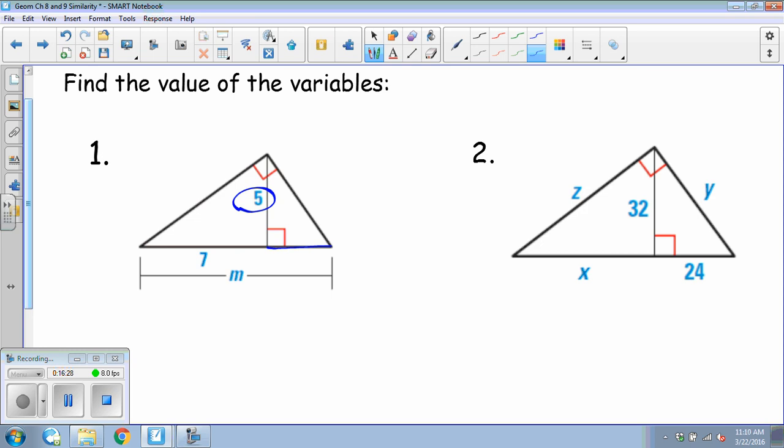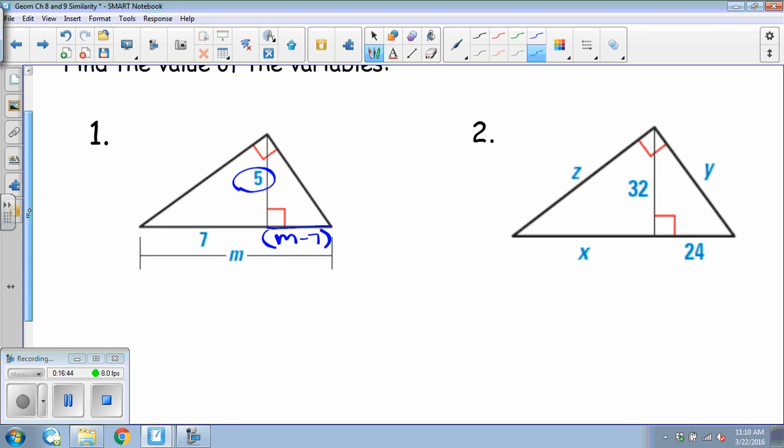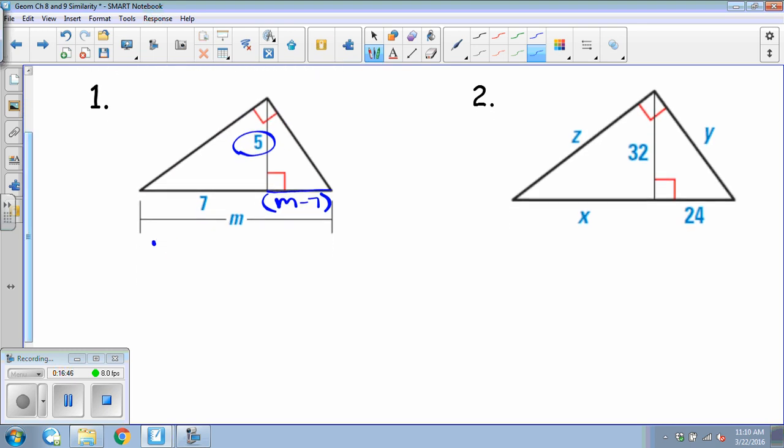Okay? The altitude pattern would be 7/5 equals 5/, what's that? m minus 7. That is m minus 7. The whole distance is m. So if you subtract 7, you'll get this little piece right here. Correct? Okay? And so the proportion you could set up is 7/5 equals 5/(m minus 7). Cross multiply and solve for m.